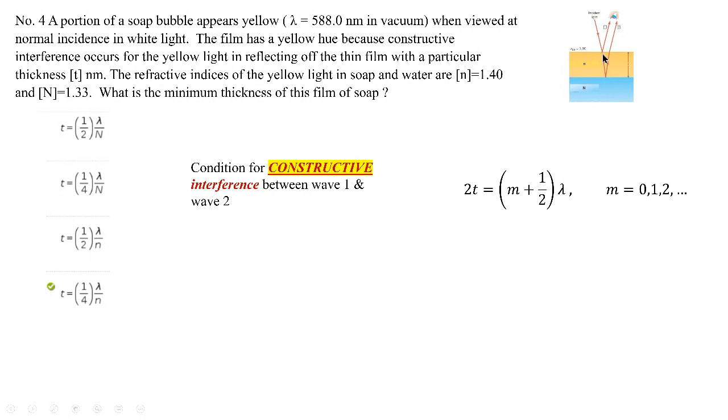This wave 2 says, I actually only travel an extra 2T. So it is whatever is my wavelength. But now you, wave 1, are an extra half a wavelength away, twisted.